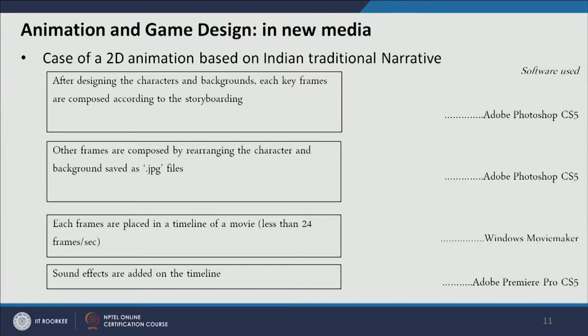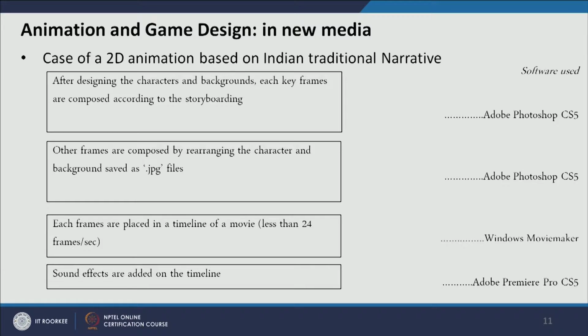So first, in case of 2D animation, we will go into detail on the visual communication design part. After designing the characters and background, each and every keyframe has to be composed according to the storyboard. In this particular case this is done in Photoshop. Then each and every frame is composed, iterating the character as well as the background.